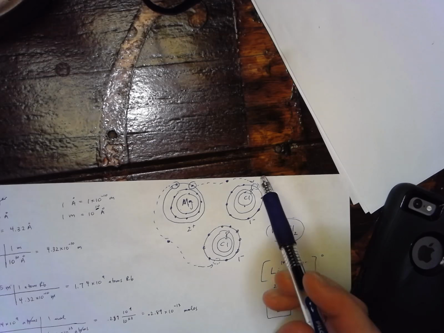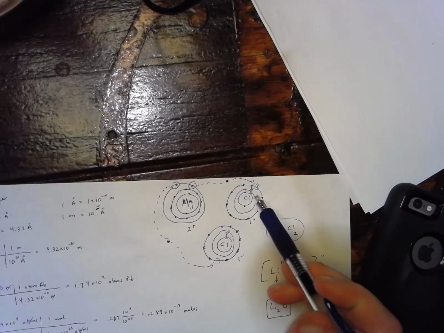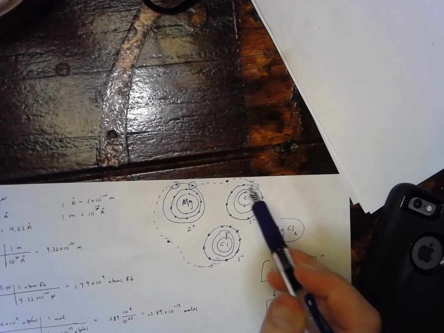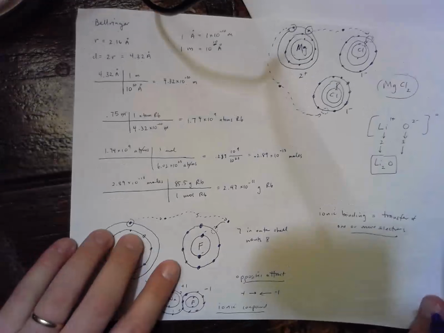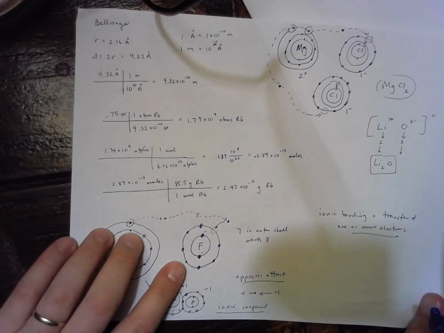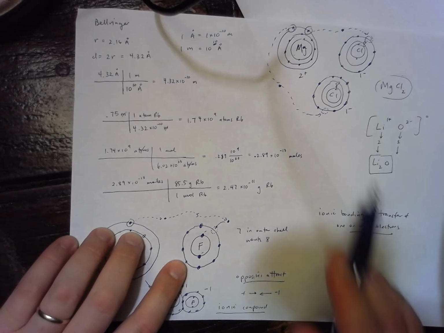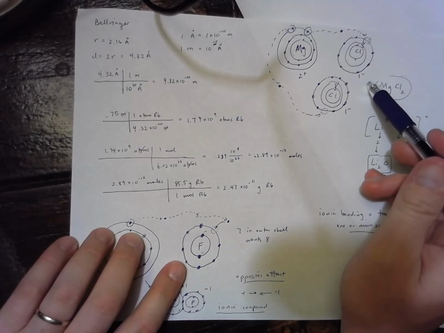Both are halogens. Chlorine's 17. So we've got 2 and then 8, so that's 10, and then 7 in the outer shell. Just like fluorine had 7 in the outer shell, chlorine has 7 in the outer shell. That's why they're both -1s, because they like to absorb 1 electron and become a -1.